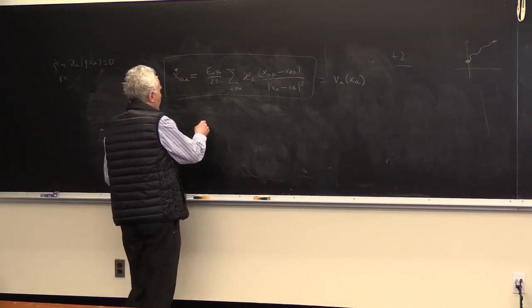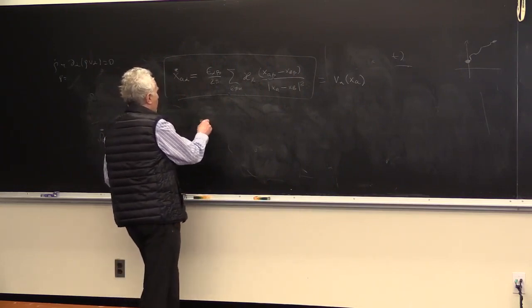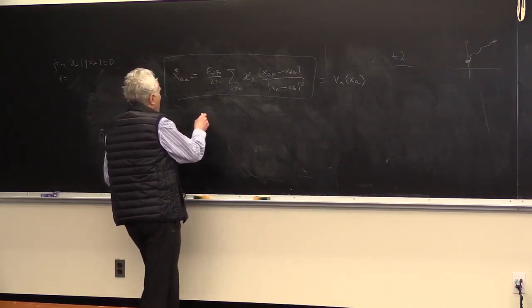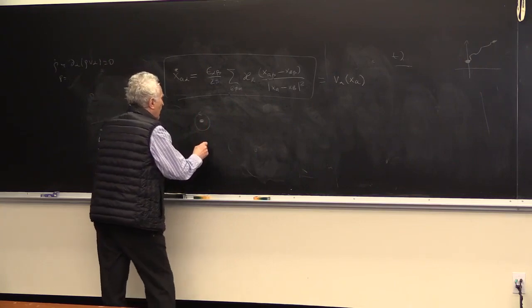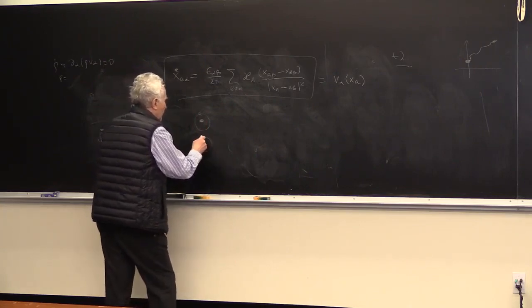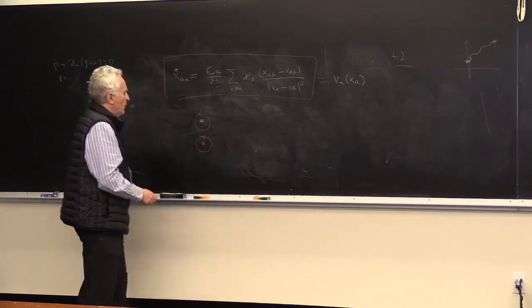So let's suppose you have two vortices. Suppose one rotates counterclockwise, and the second one also rotates counterclockwise.